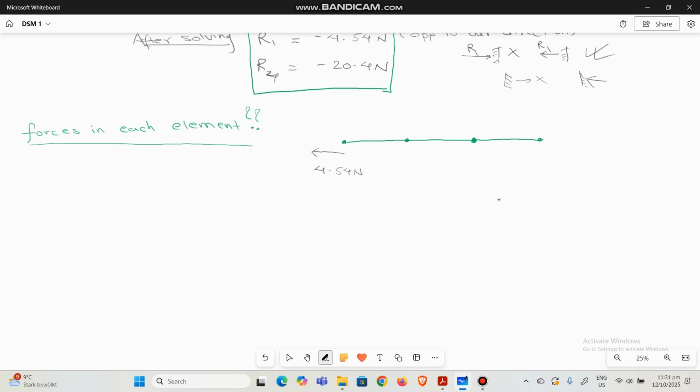And reaction at 4 was minus 20.4, meaning this would go in this direction, 20.4 Newton. And here it was this way, 25 kilonewton, right?